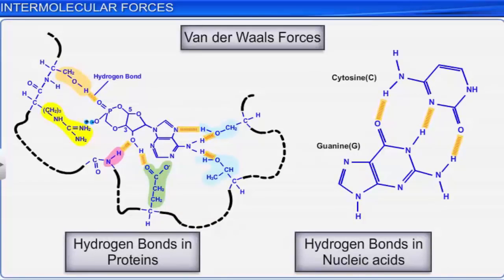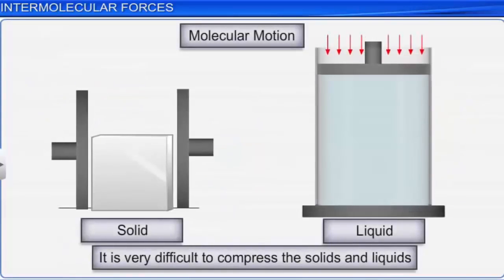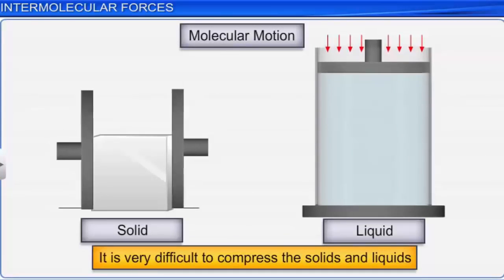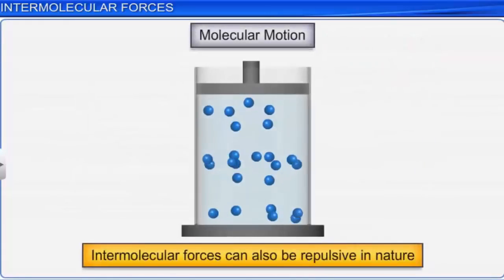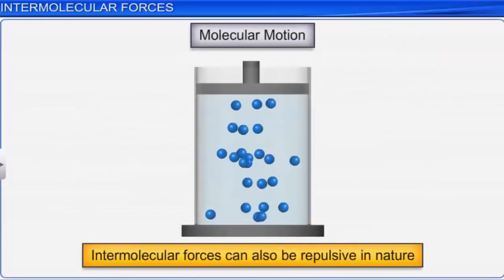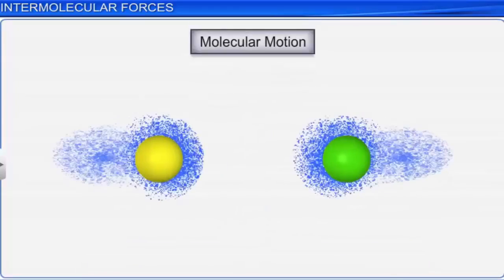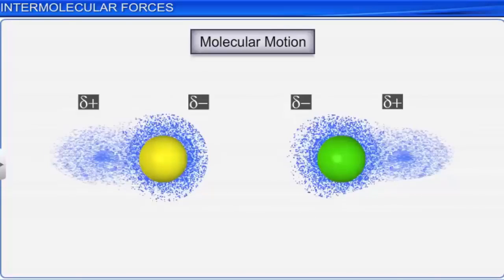Have you ever wondered why it is very difficult to compress the solids and liquids? Intermolecular forces can also be repulsive in nature. When two molecules are brought closer, the repulsions between the electron clouds and between the two nuclei of the molecules come into play.